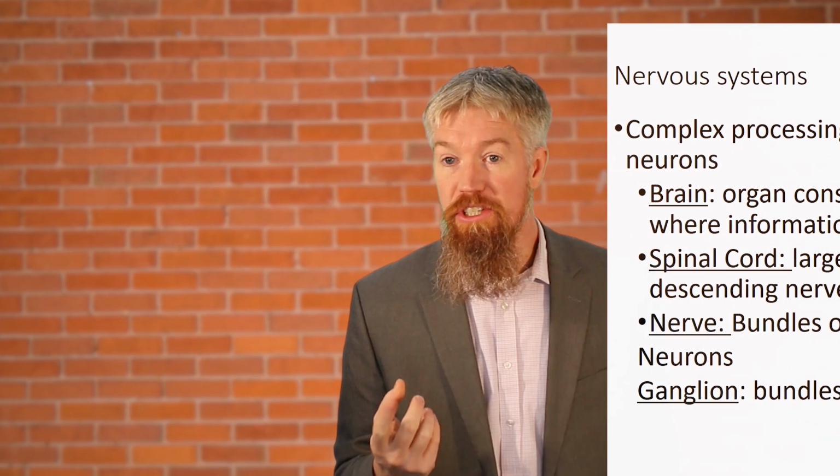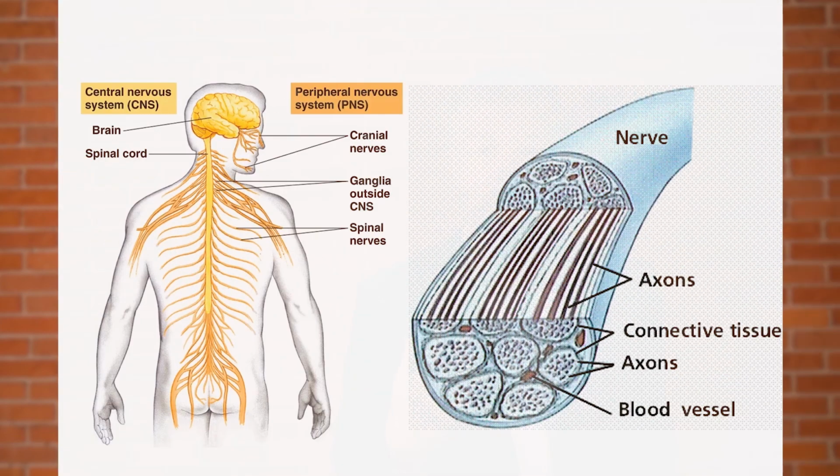In terms of nerve structure, what you'll typically find is those axons for the neurons intermixed within a matrix of connective tissue and blood vessels to keep those neurons fed. Those nerves will then extend out from varying parts of the body to convey either information from the sensory system to the brain or from the brain over to the rest of the body.